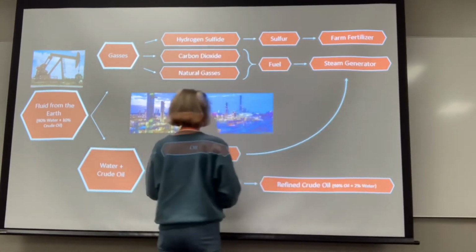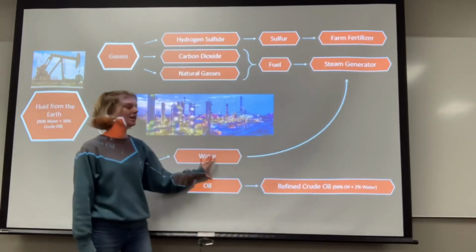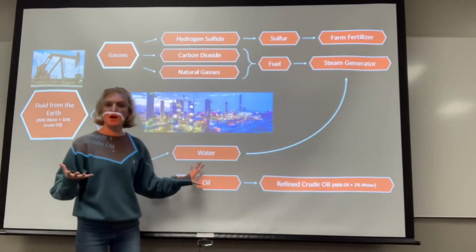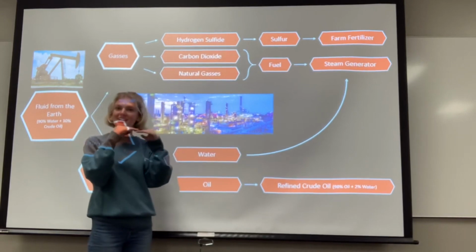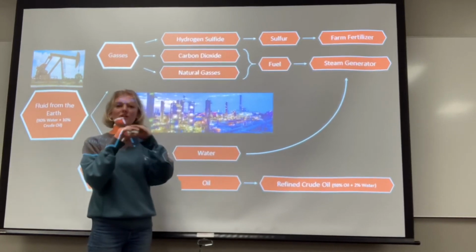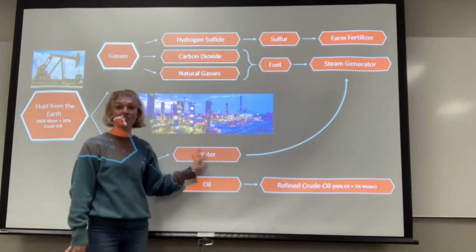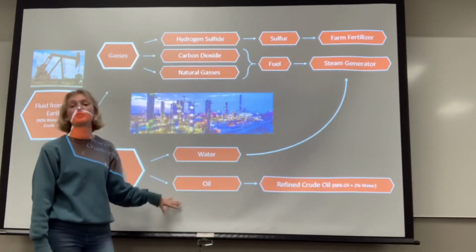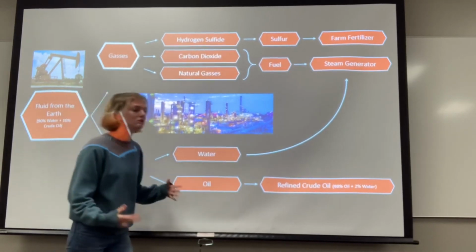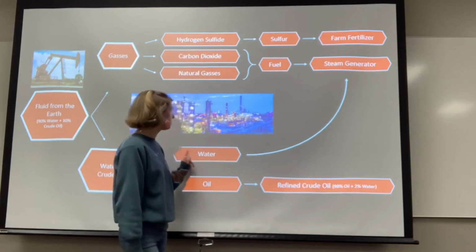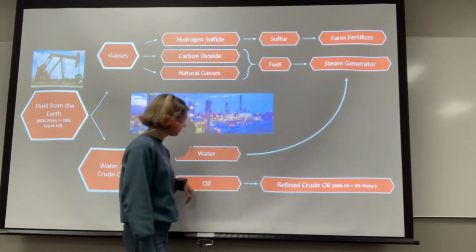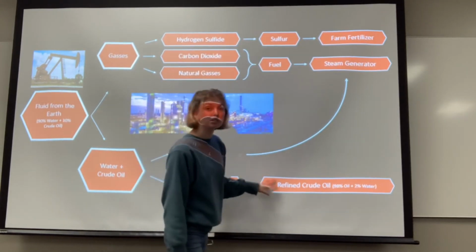The crude oil and water are separated, like how oil separates from water: oil is at the top and water is at the bottom. Some chemicals are added to make that process go a little faster. The water is sent to the steam generator. The oil goes through a multitude of processes to be refined.